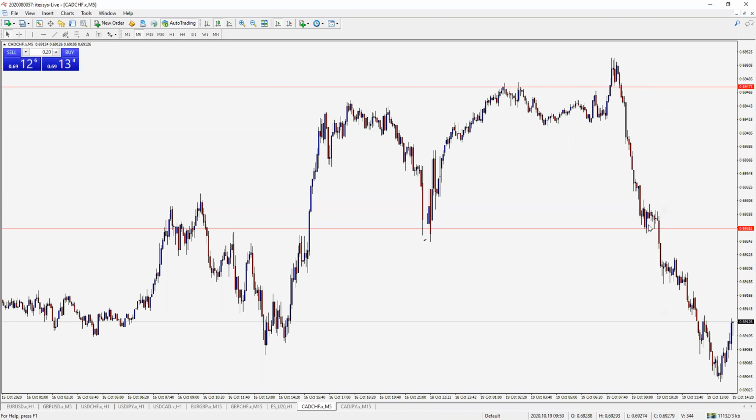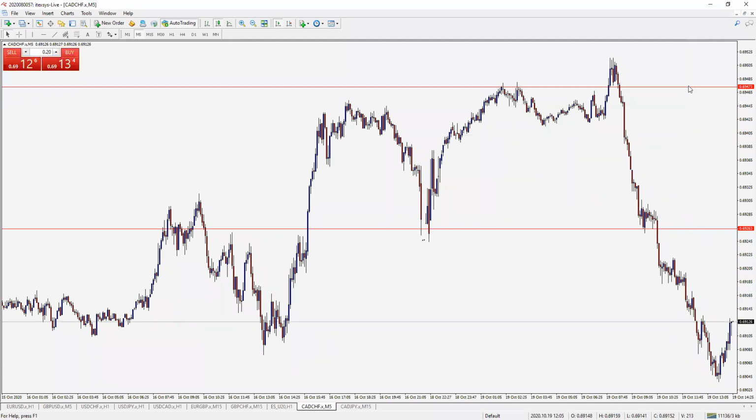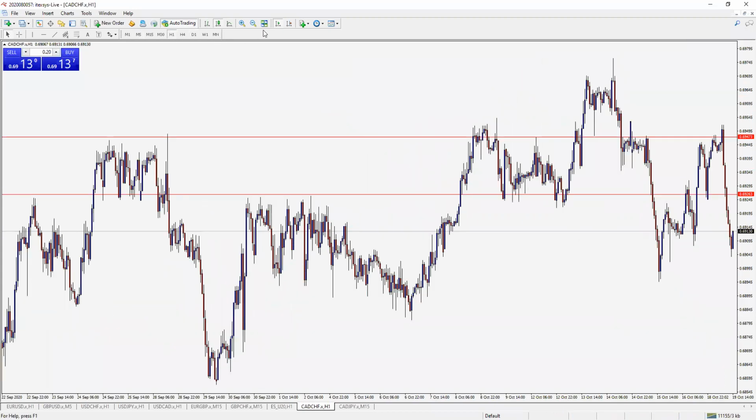Okay, so I'll sell this supply. I will roll my stop loss on the first opportunity, and if the price continues up, I will sell again here at the top, at least from the picture we have now. Okay, let's go to the H1.